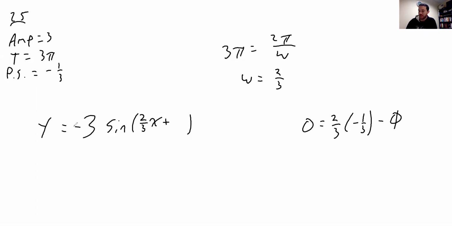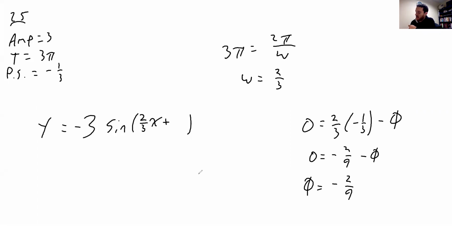By having a phase shift of negative 1/3, that means if I plug in negative 1/3 for x, I'd be at 0 for the inside of the sine function. So doing the math there, I get 0 equals negative 2/9 minus phi. Adding phi to the other side, phi is going to be negative 2/9.